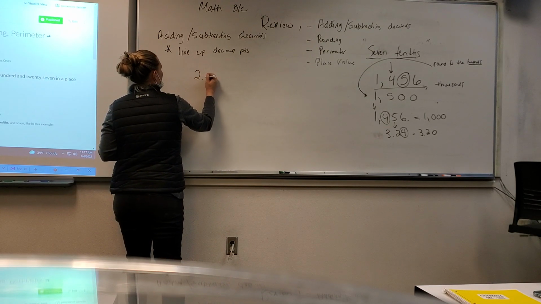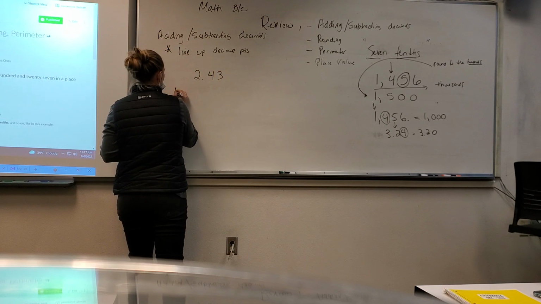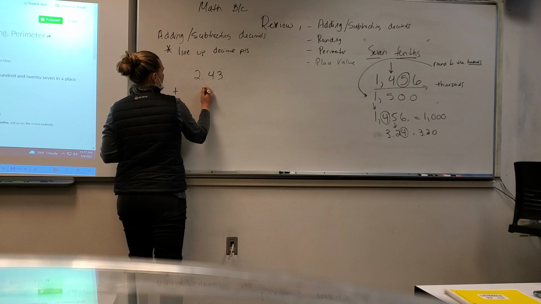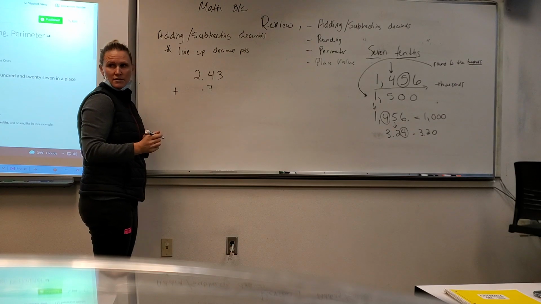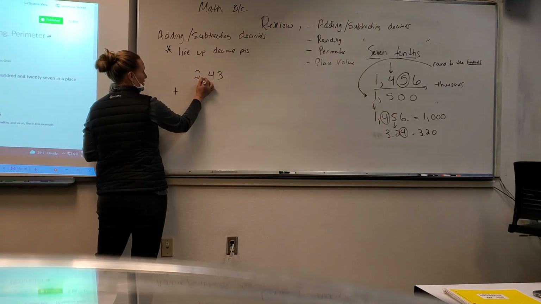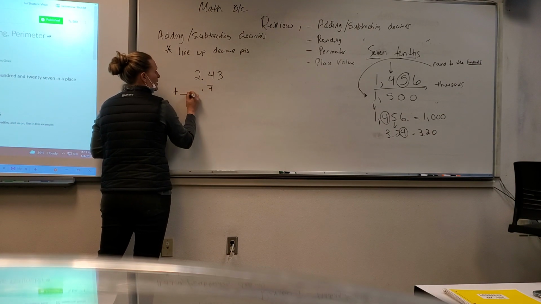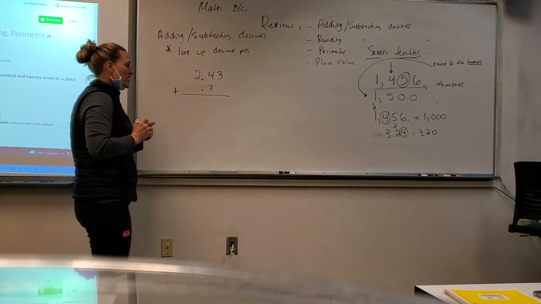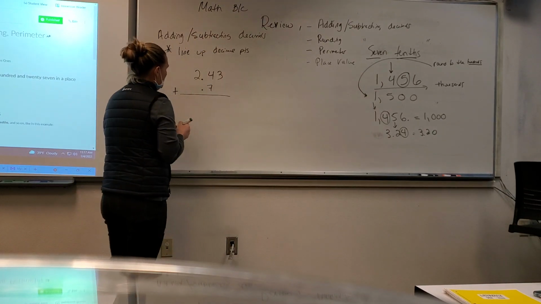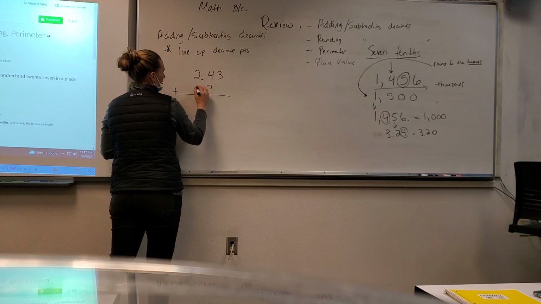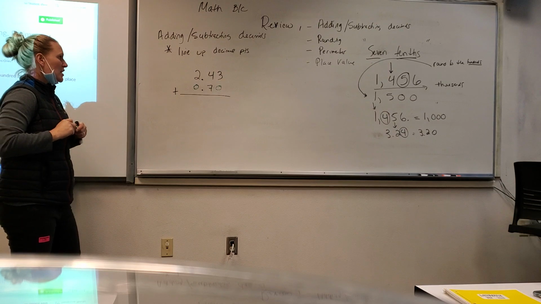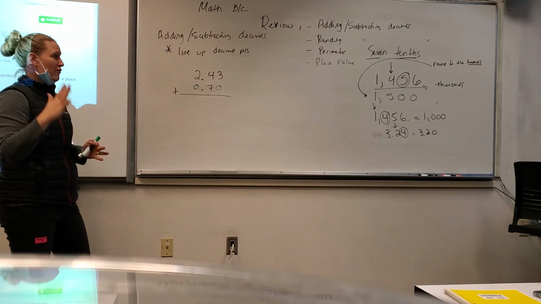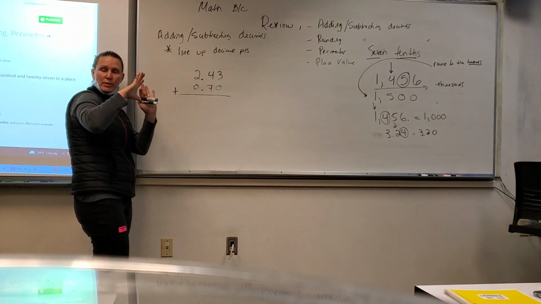So if I have 243 plus 0.7, I need to make sure that I line up the decimal points, and then I'm just going to fill in zeros if I want to keep it all the same amount of spaces and digits, because the zeros won't change anything for me. It just helps me put them all together.